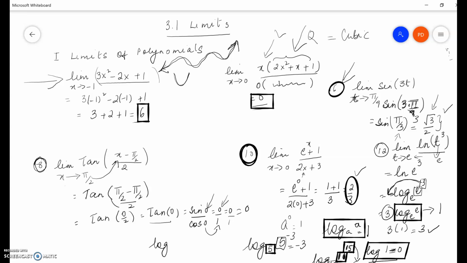So again, just one more example, log of 10 to the 15, and if the base is 10, then log of the number is 15. If these two match, then the log of the number is the exponent.